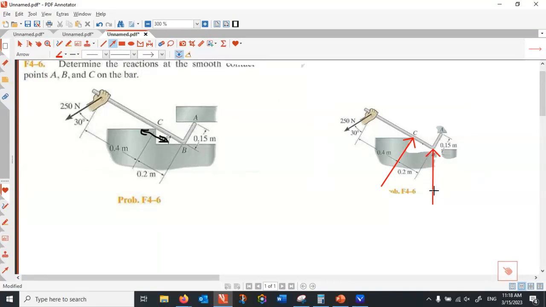Okay, last one. Last chance to apply your skills, your knowledge. Point A, if the rod slides, does it slide normal to the lever or normal to the ground? Normal to the ground. The ground is fixed, so the tip of the lever at point A can only move horizontally.